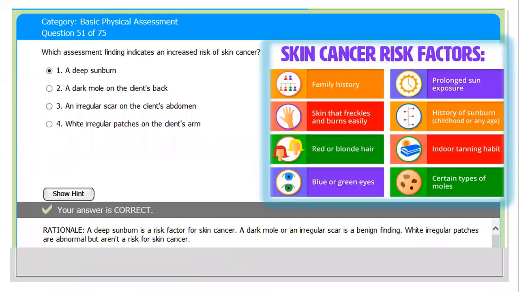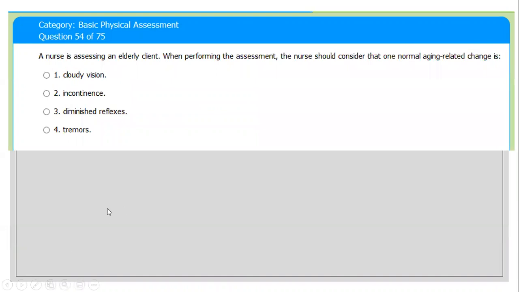So, next question here. A nurse is assessing an elderly client. When performing the assessment, the nurse should consider which one is a normal age-related change. Number 1, cloudy vision; 2, incontinence; 3, diminished reflexes; and 4, tremor.